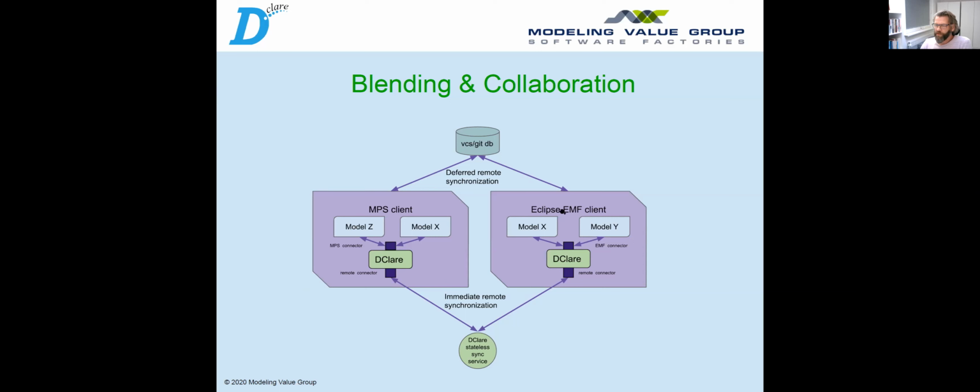If you combine those two pictures, you get something like this. I could have an EMF client and an MPS client, and they're both modeling a model X in the language of X, or perhaps one in Y and one in X. Since the transformations are all bidirectional, the whole thing will work together so that you have different syntaxes or even different languages, if they are bidirectionally transformational and lively synchronized at the same time.